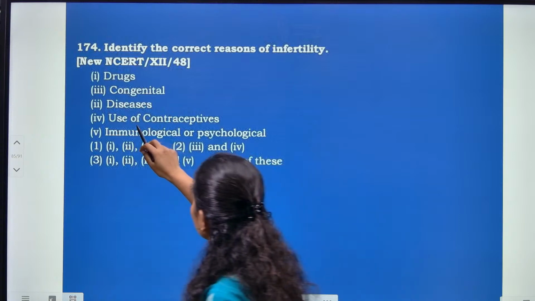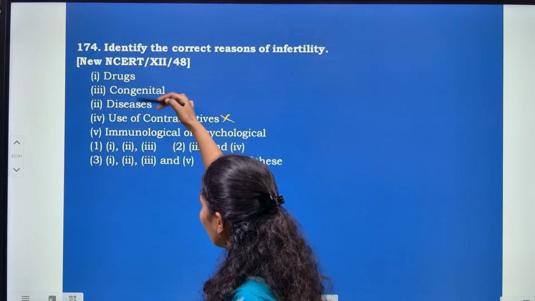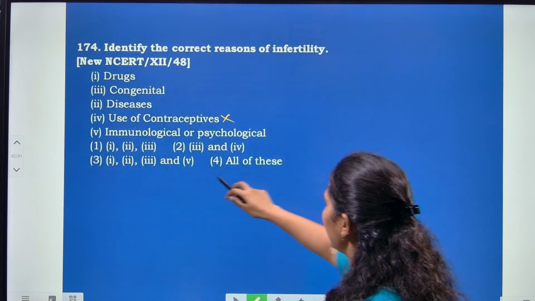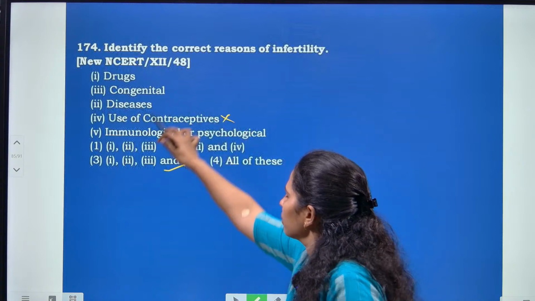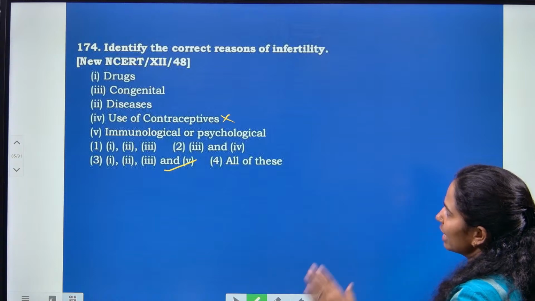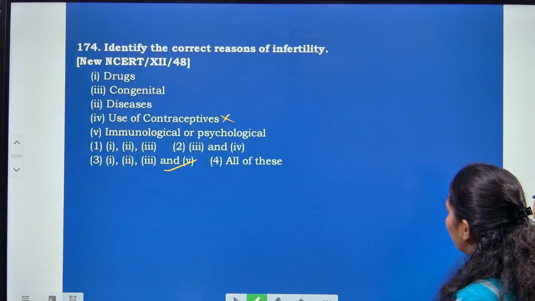It is not due to the use of contraceptives. So options 1, 2, 3 as well as the 5th one. It is not due to the use of contraceptives. Contraceptives themselves act as a barrier, which will control birth.